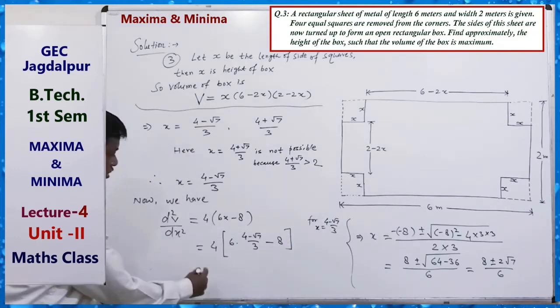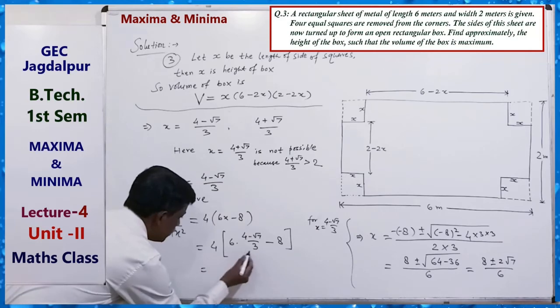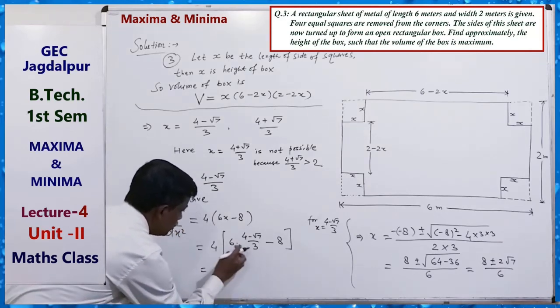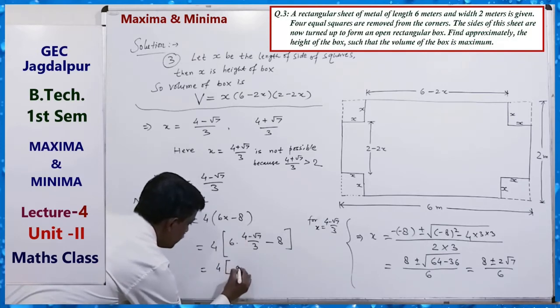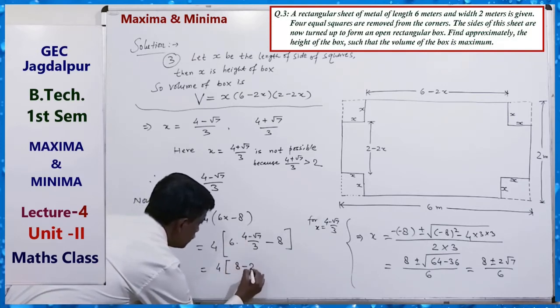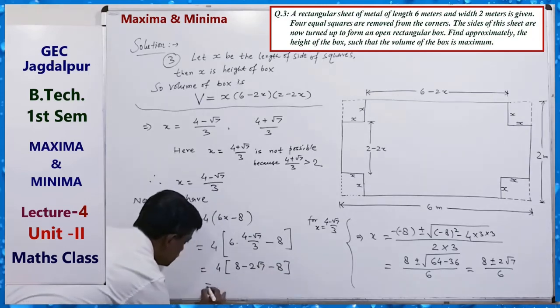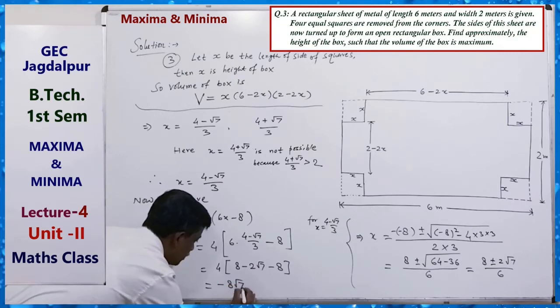Okay. Now we can solve it. 3 into 2, 2 into 4, 8, minus 2 root 7 minus 8. So this is equals to 8, 8 cancel. So minus 8 root 7. This is negative.